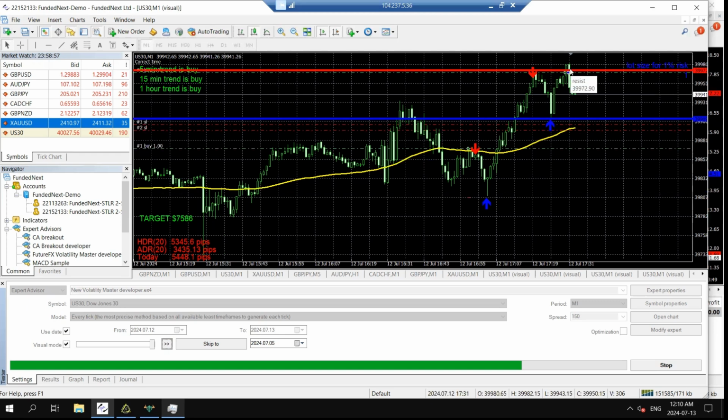Why did it do that? In the settings, you have the option to use limit orders or just normal orders. But the reason for doing this is that by using a limit order, we now have a better position. The lower the trade is in a buy position, the better it is. So you're much better off having a buy order here than up here.